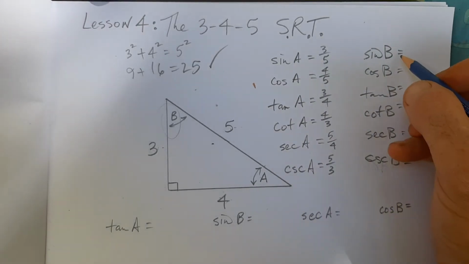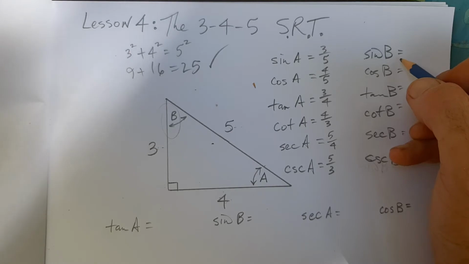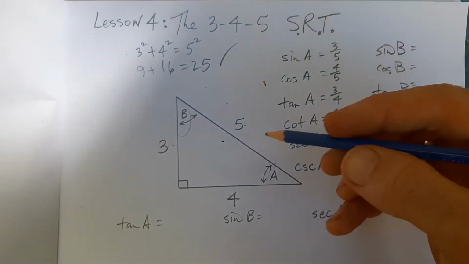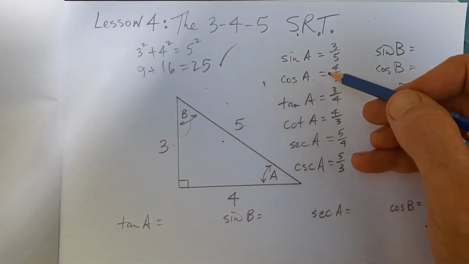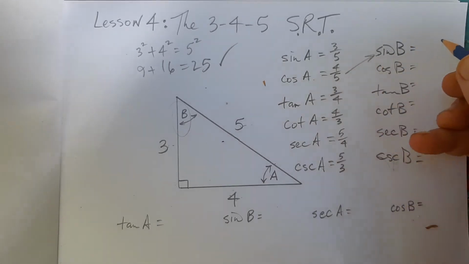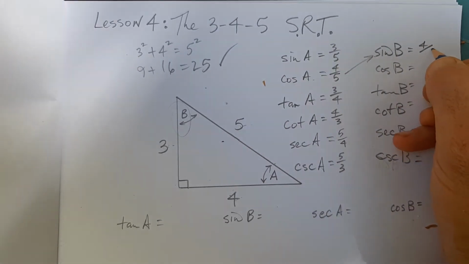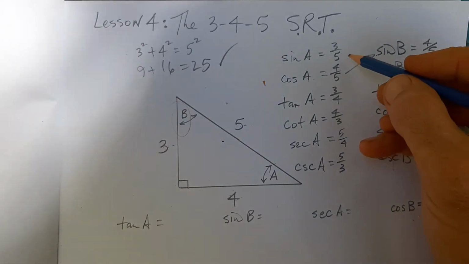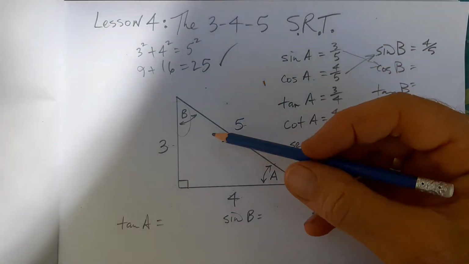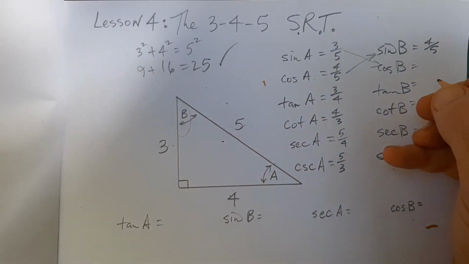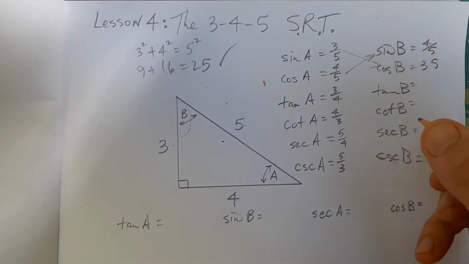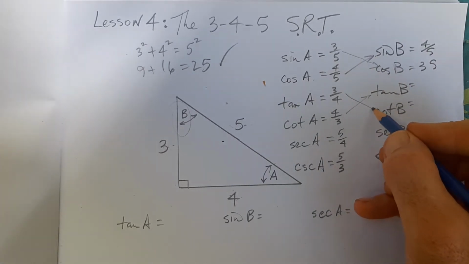Okay, here we go. Sine of B. If we think about this, the sine of B is opposite over hypotenuse, and it's going to be the same as cosine of A. Cosine of B is going to be 3 over 5, right? And then these two will be reversed, okay?